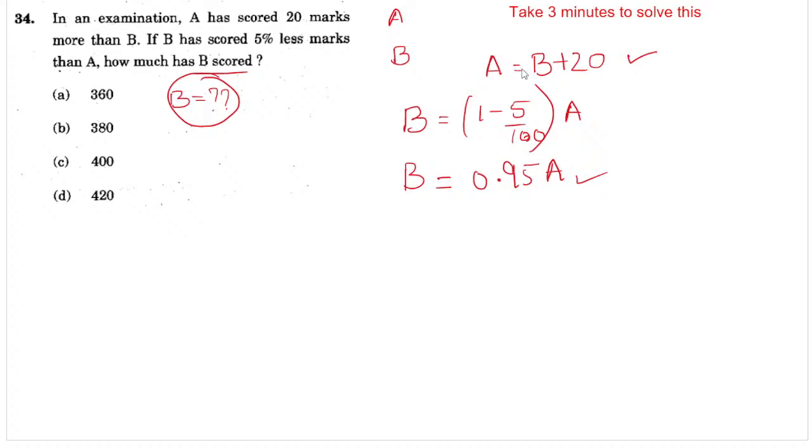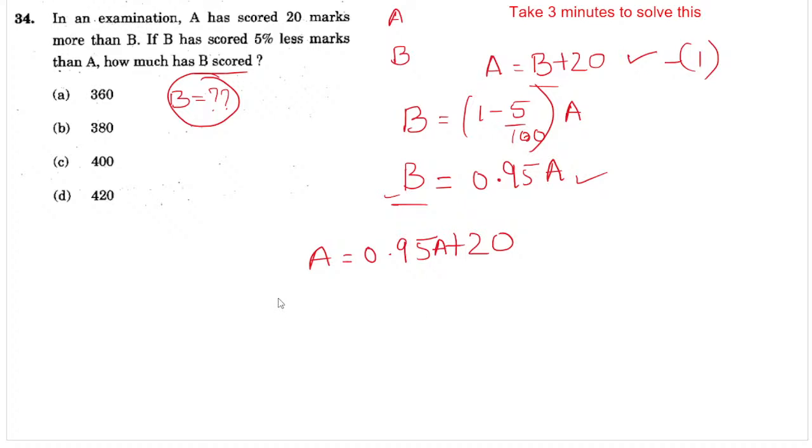So we can substitute the value of A here, or we can substitute the value of B in equation 1. So we'll substitute the value of B in equation 1. So we have A is equal to 0.95A plus 20.